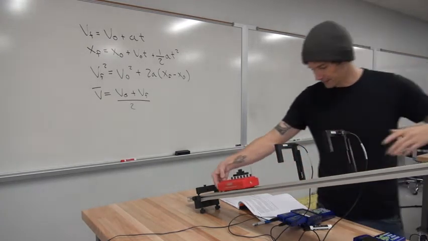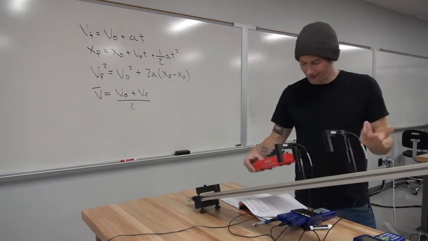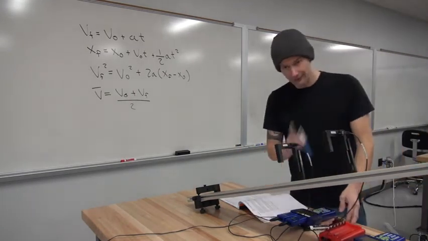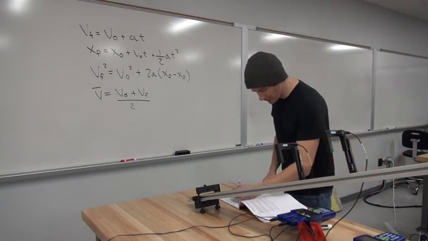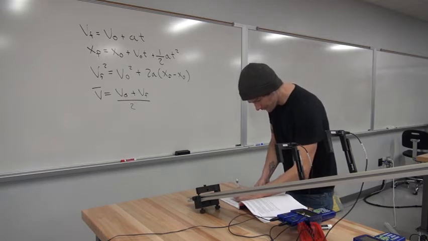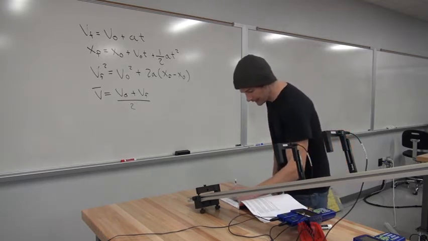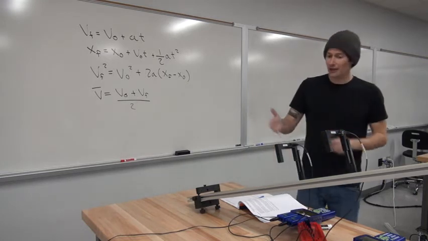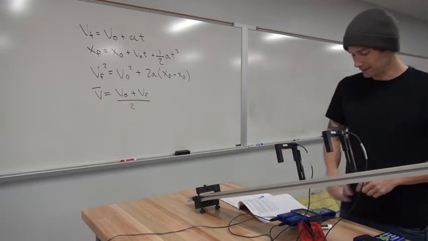And fifth run. 1.14 and 1.58. Awesome. So the average initial velocity for this run was 1.14, a little bit different, and 1.59 meters per second for our final velocity. Just as we expect, with constant acceleration, that final velocity should have changed, and sure enough it did.